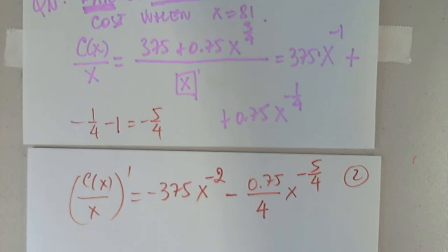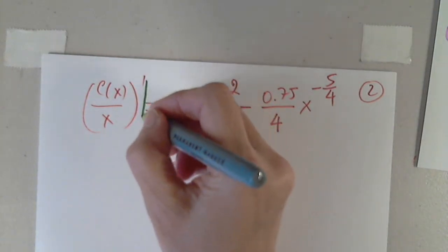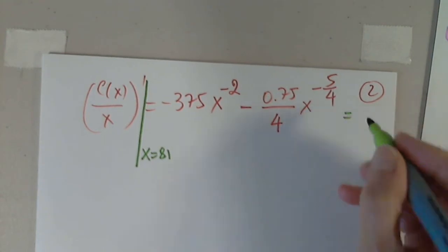At this point, we are asked to evaluate this function when x is 81. So we normally like to write this when x equals 81. And we can continue.